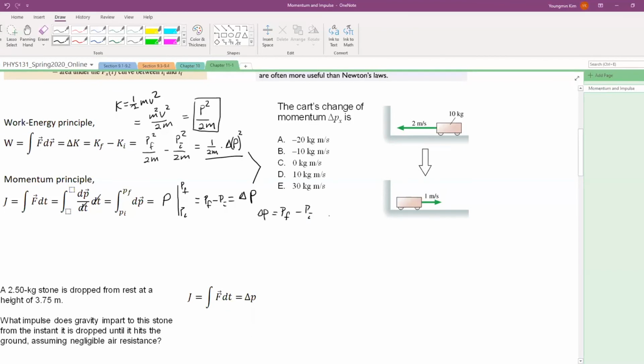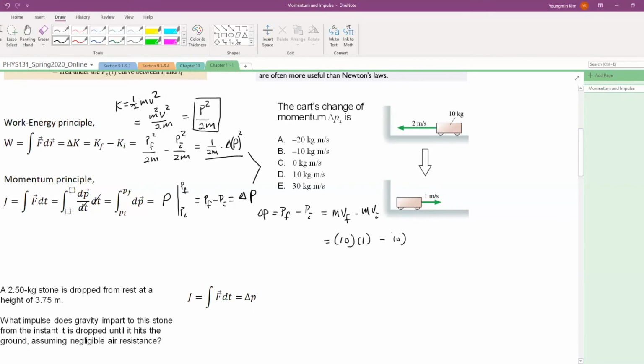Now, what is the final momentum of the cart? That is m v final, and that is equal to the mass of the cart, which didn't change. The final velocity became to the right 1 meter per second. So let's write that as positive 1 meter per second, minus the initial momentum.